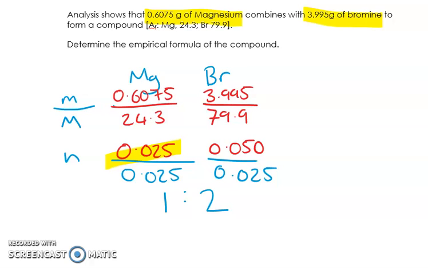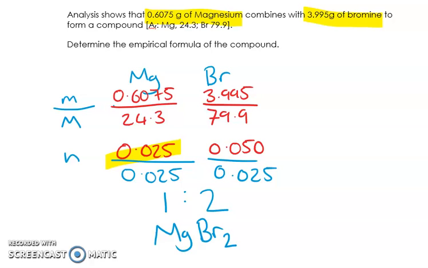So for every magnesium ion in this compound there will be 2 bromide ions. The question is still not finished. We need to turn this into a chemical formula, and to do that we just use this ratio to decide how many of each we're going to have, and as we've already said, we have 1 magnesium to every 2 bromines, which gives us MgBr2.